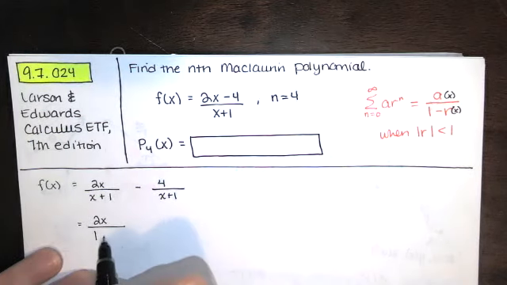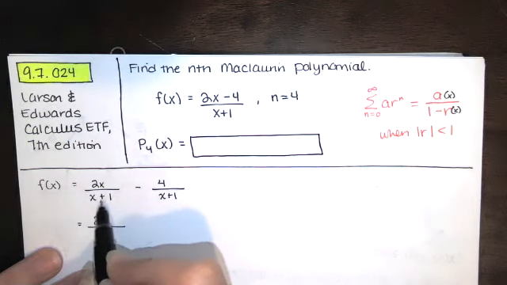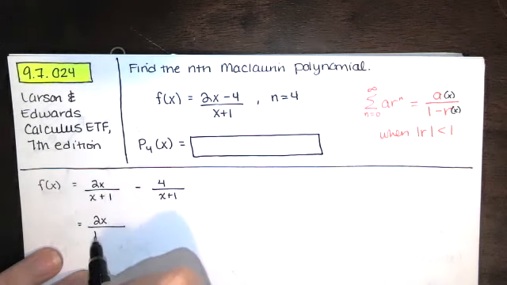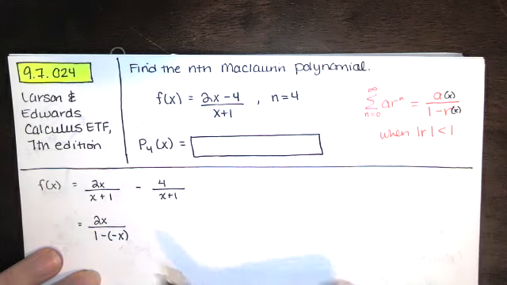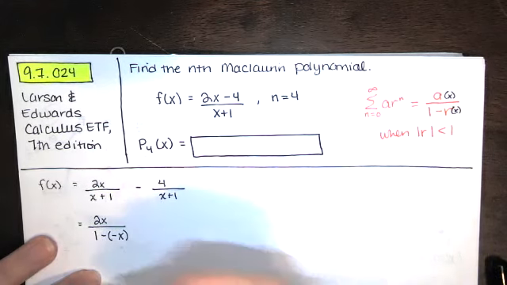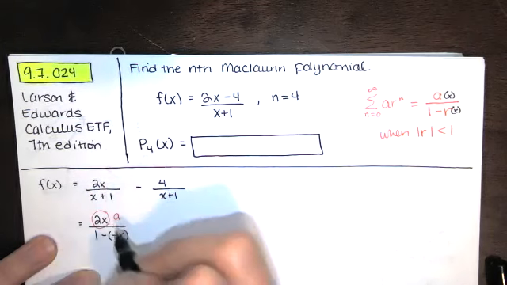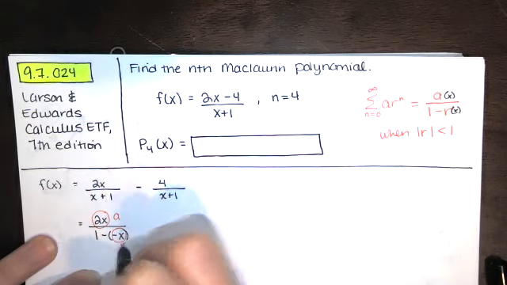And I want this to be a minus r. So x plus 1 is the same as 1 plus x, but I don't want to add x, I'd like to subtract something. So rather than adding x, we'll subtract a negative x, because subtracting a negative is the same as adding. Now this has the form a over 1 minus r.